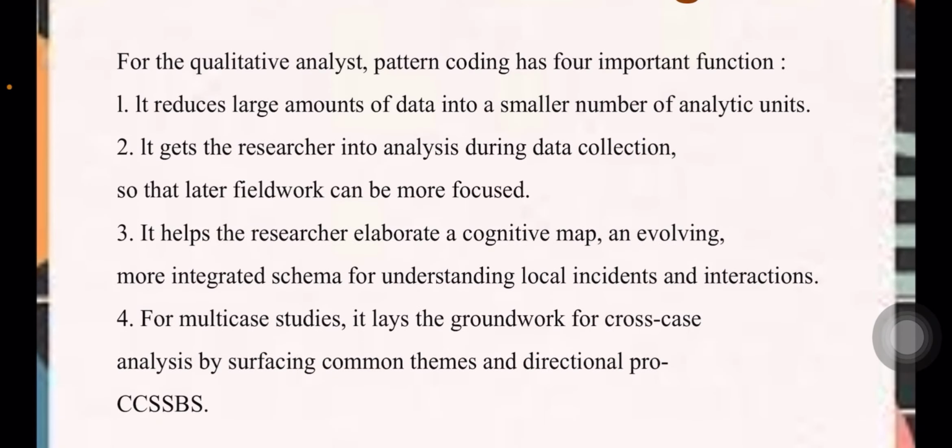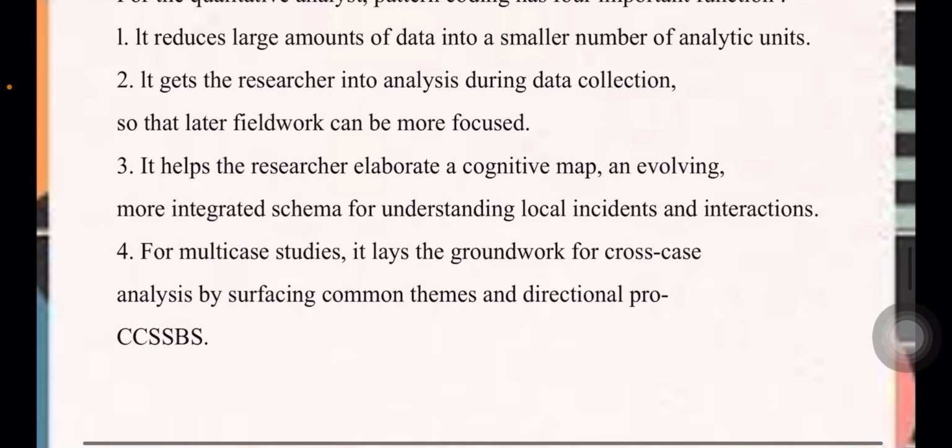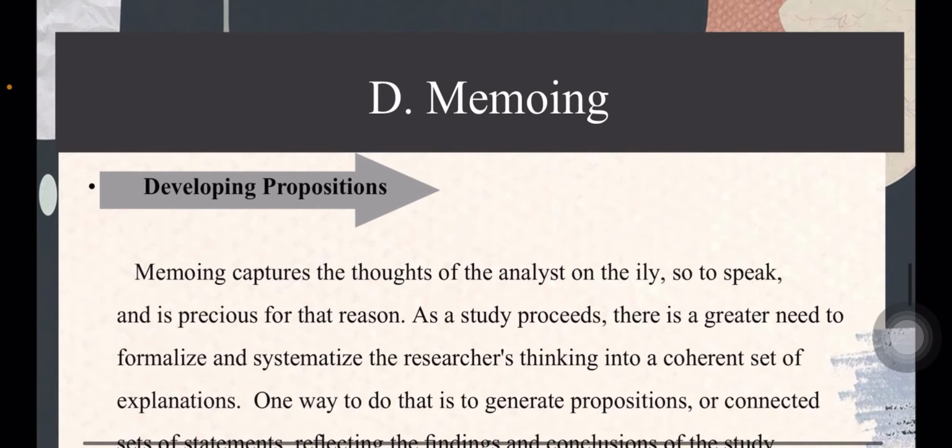Number 3, it helps the researcher elaborate a cognitive map, an evolving and more integrated schema for understanding local incidents and interactions. And number 4, for multi-case studies, it lays the groundwork for cross-case analysis by surfacing common themes and directional processes.